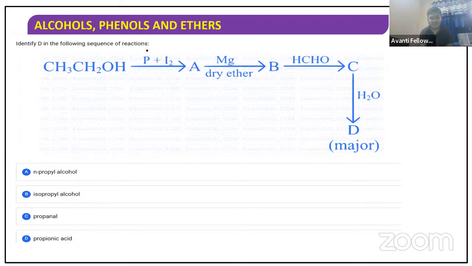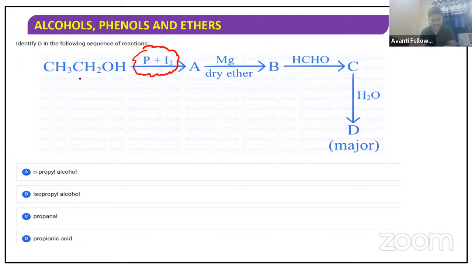When this ethanol is treated with P plus I2, it will form A. Then this is treated with Mg and dry ether to form B. And this is further treated with formaldehyde to form C after hydrolysis. So we have a sequence of reactions here. You have to identify the final product D.